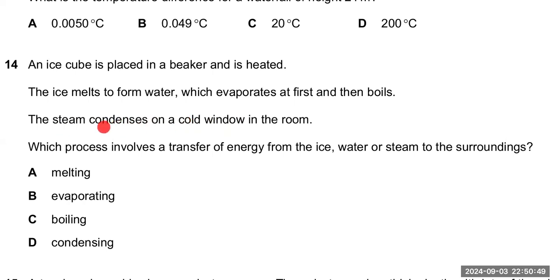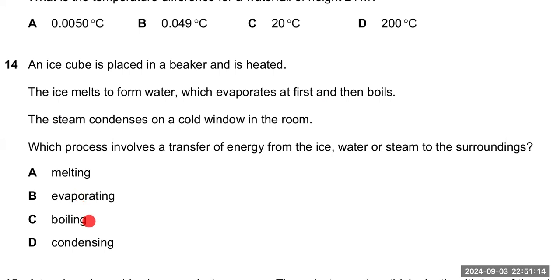Remember, steam is condensed into liquid due to the condensation process. So your option will be condensing. Melting means you are supplying heat. Evaporating means that without any specific temperature the liquid water converts into steam.